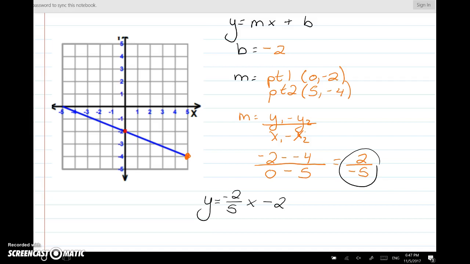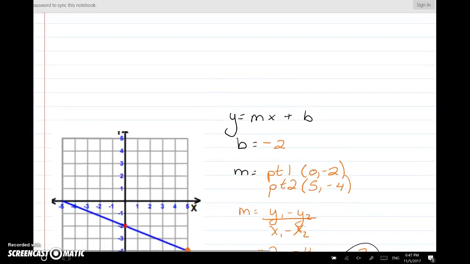Not plus -2, but just -2. And here's my equation of a line. Not too bad, is it? Great. Again, pause the video if you need, write this down, copy it. If you have questions, write down your questions so you can ask me tomorrow, or feel free to email me tonight and try it.